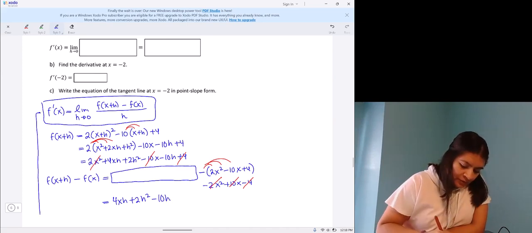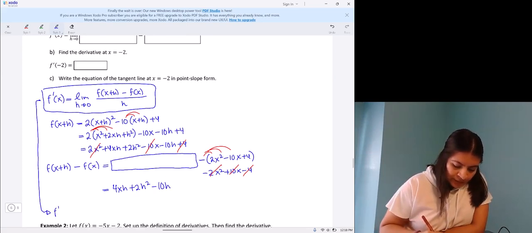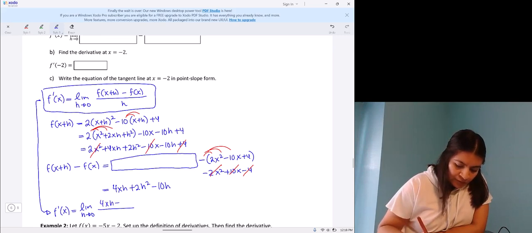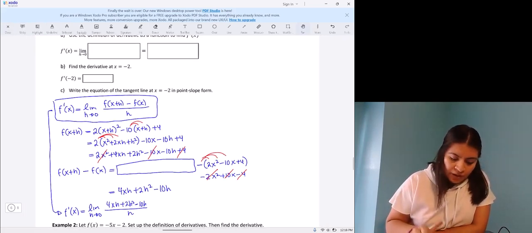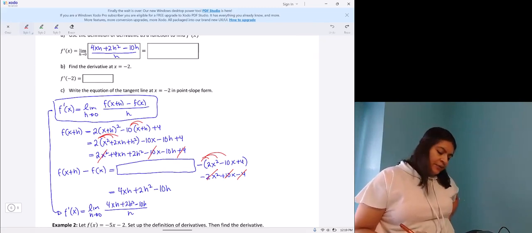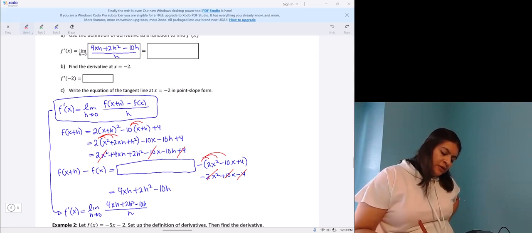So going back to our definition, the derivative is equal to the limit as h approaches 0 of 4xh plus 2h squared minus 10h divided by h. And so that is what goes in the first box. Just like the previous one, each of the terms on top have an h in common, so that is going to cancel with the h on the bottom.